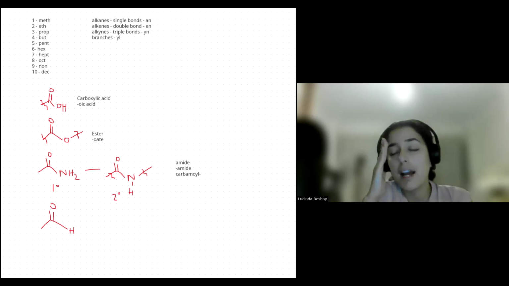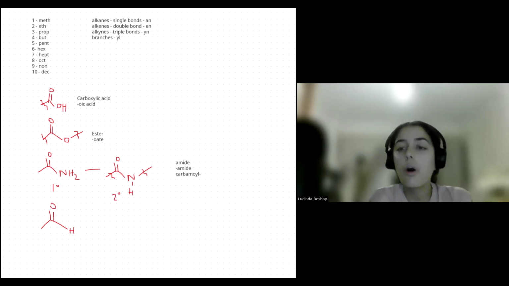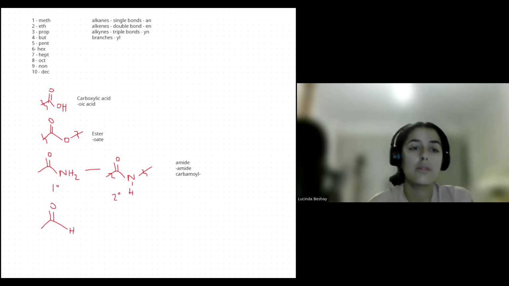If at any time you see two oxygens right beside each other, immediately think, is it a carboxylic acid or an ester? Those are the only two that have two oxygens. If it doesn't have two oxygens, it's going to be either an aldehyde or a ketone. So that should be your thinking strategy. Make those shortcuts to make it easier for yourself.